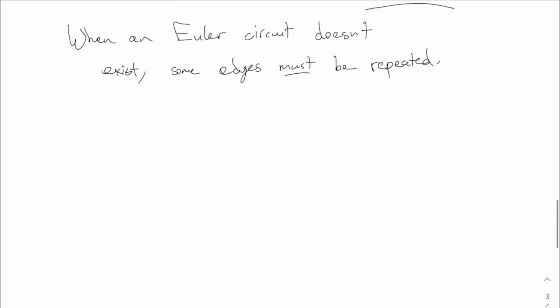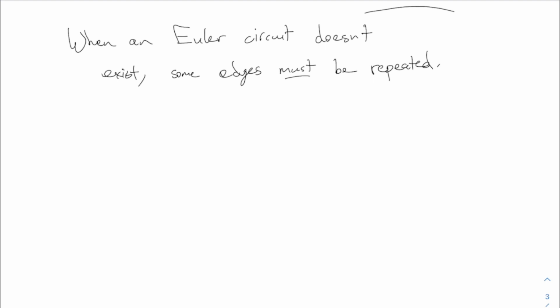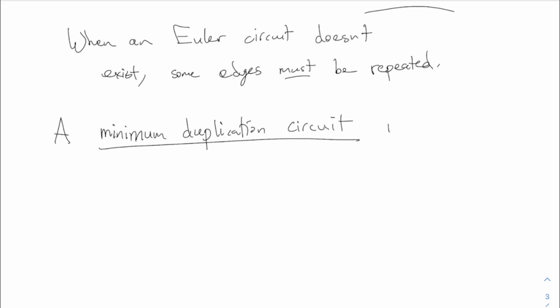So when an Euler circuit doesn't exist, some edges must be repeated, and a minimum duplication circuit is one which uses all edges, repeating as few as possible.